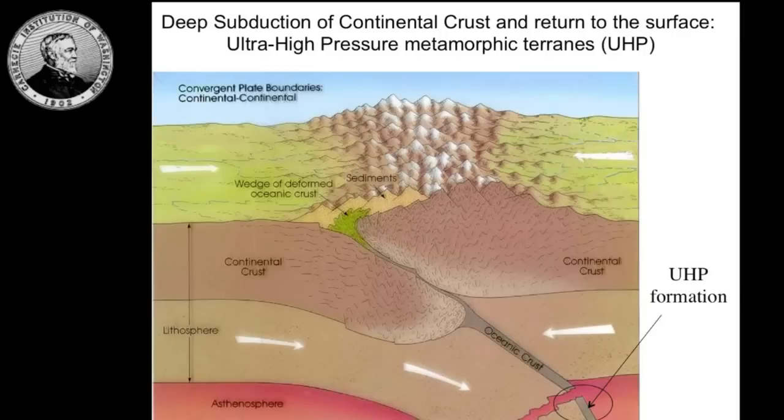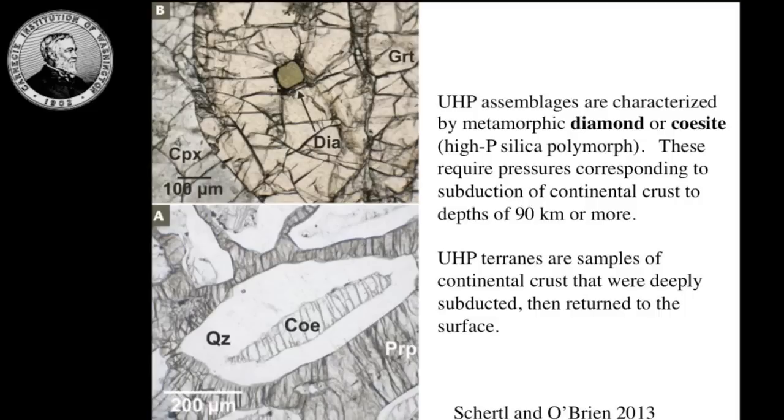So let's go a little bit deeper and look at UHP formation. Now, ultra-high pressure metamorphism is, as I said, one of the really interesting developments in the field of metamorphic petrology in the last few years, because to define an ultra-high pressure metamorphic assemblage, you have to have either diamond, preserved here in a nice garnet, or coesite, partly retrogressed here to quartz.